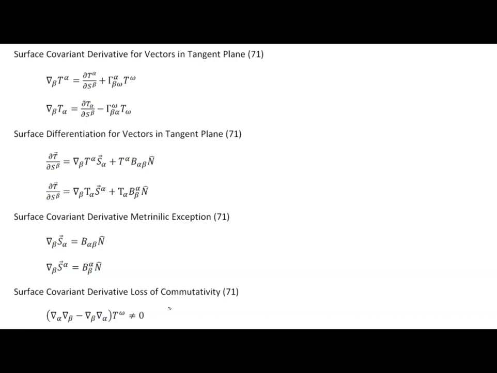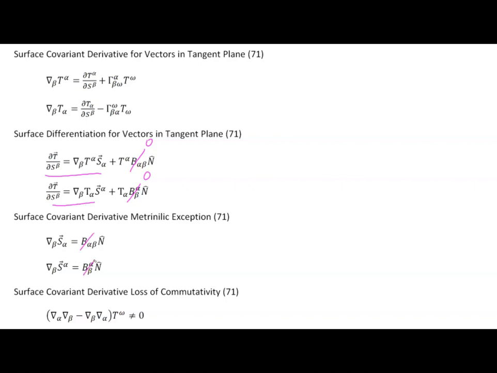So finally, let me remind you that these are now the general results for surfaces. If we're dealing with a simple plane, then our curvature tensor is equal to 0, and this term would drop out, giving us the result that we already know is true for a plane.